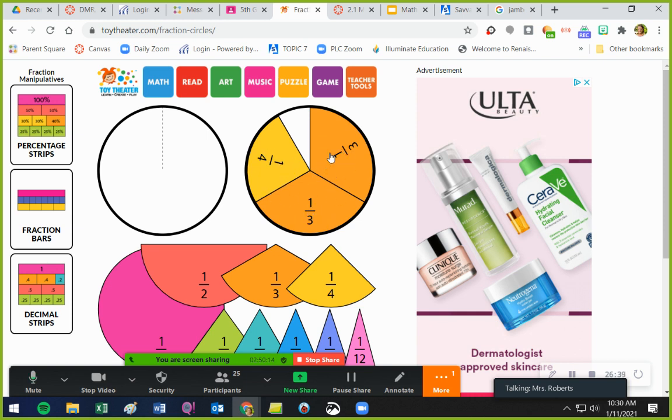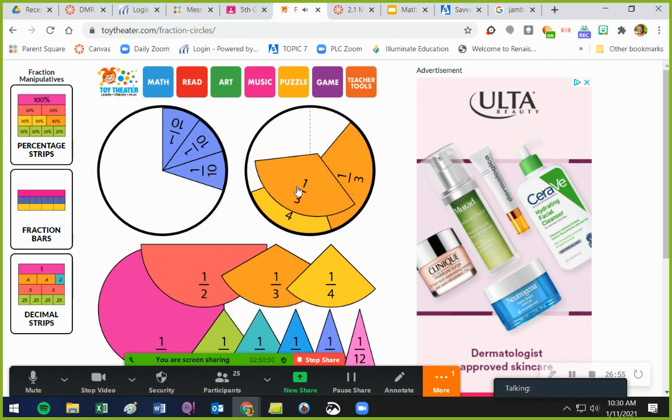So I can't just say 3/10. I can't just say 3/10 because that does not equal 3/10, and I can prove it to you. Does this amount equal this amount? No, absolutely not.